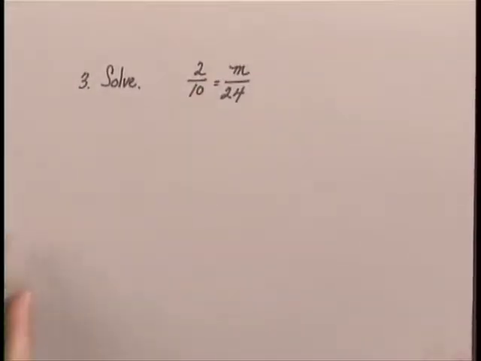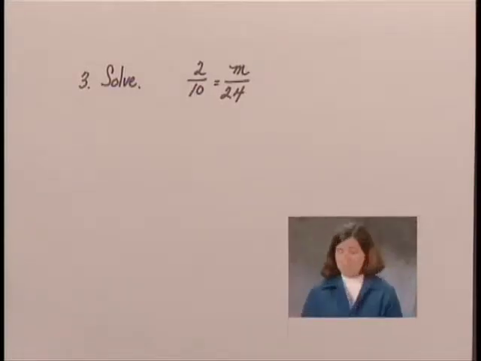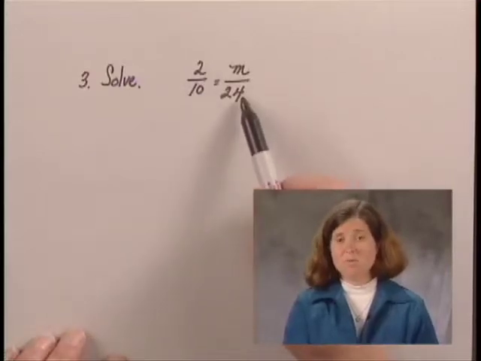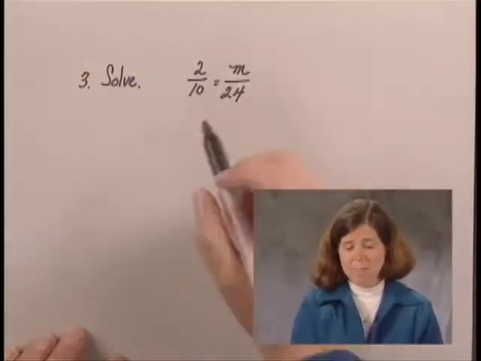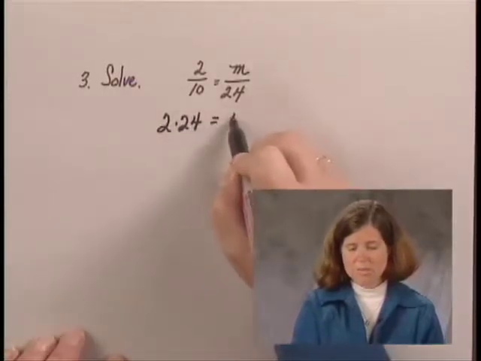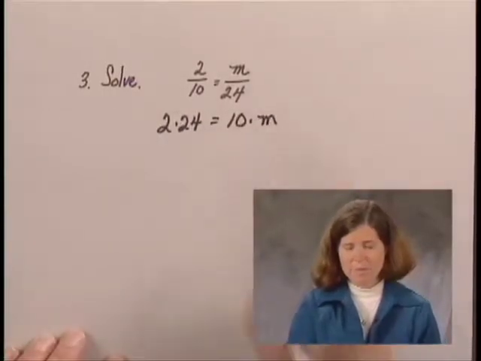We want to solve the equation 2 over 10 equals m over 24. To solve this, we'll equate cross products. The cross products are 2 times 24 and 10 times m. So we write 2 times 24 equals 10 times m.